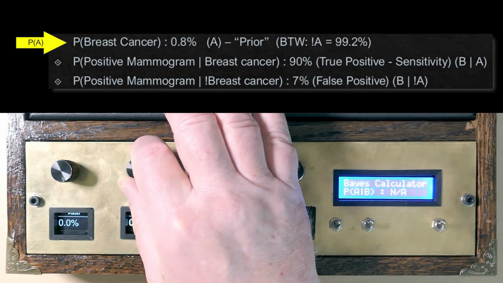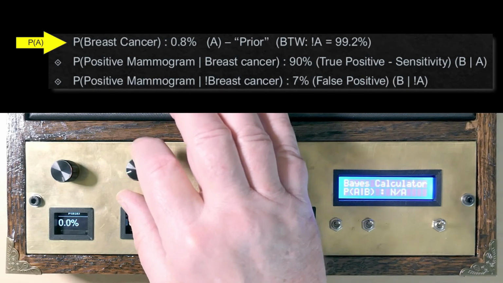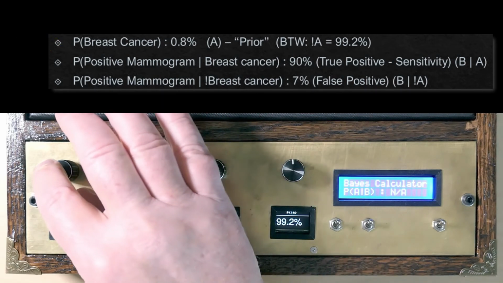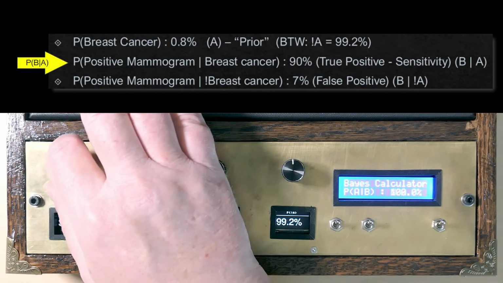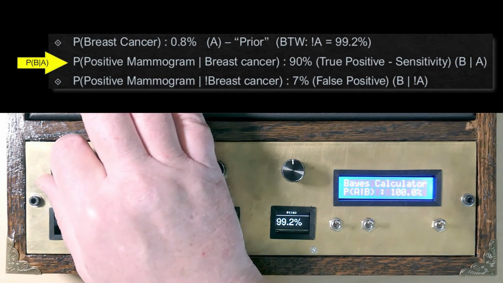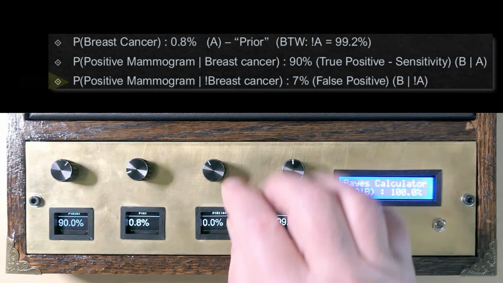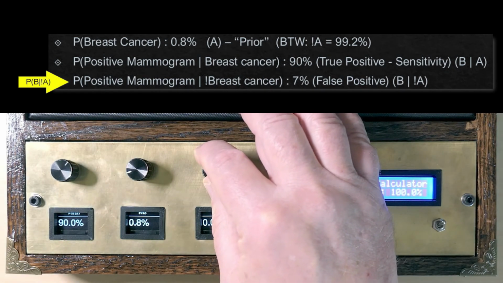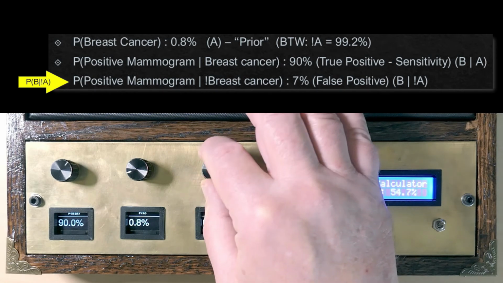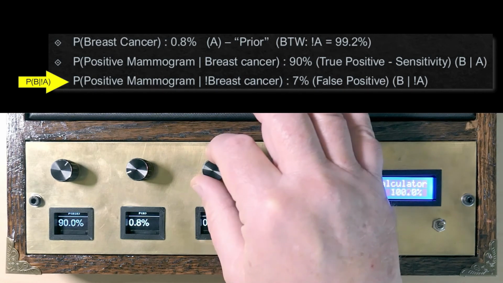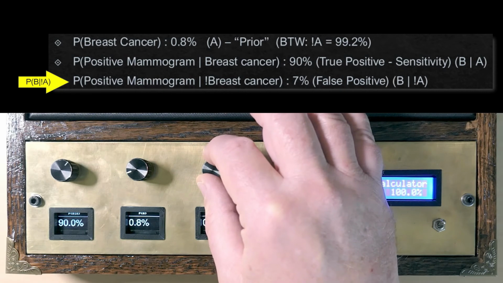I'm going to enter the first value, probability of A, which is our prior, which is just the probability of having breast cancer in the general population. Then the probability of B given A, or the probability of a positive mammogram given the person has breast cancer, which is 90%. And then put in the probability of getting a positive mammogram without having breast cancer, which is 7%.